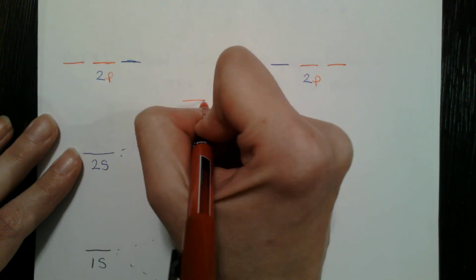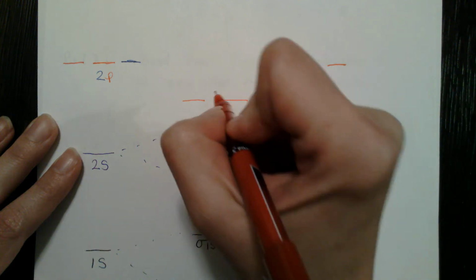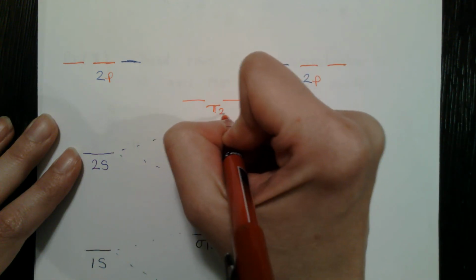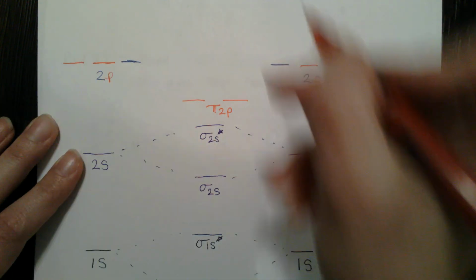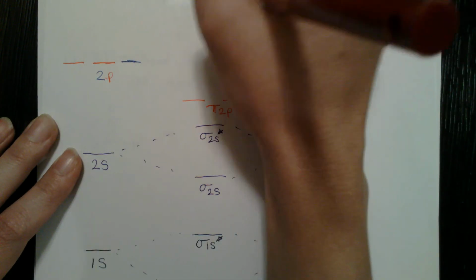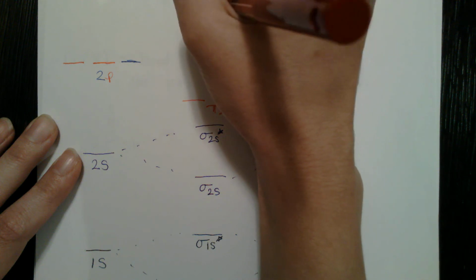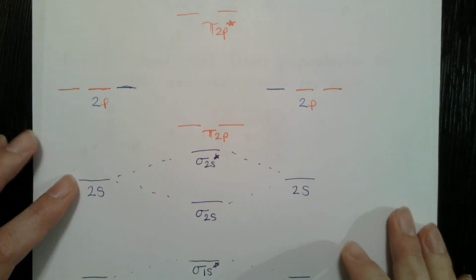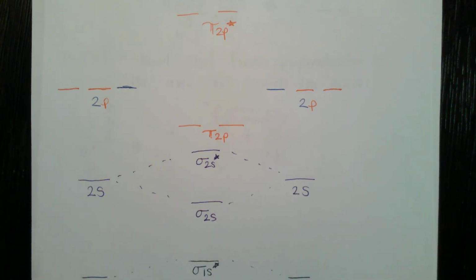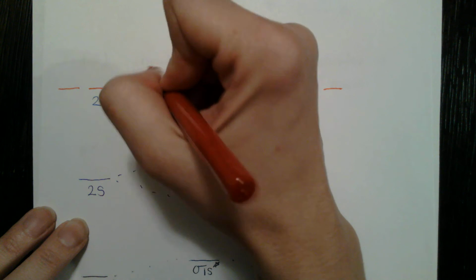These are a little bit lower in energy, so I'm going to put them right here. So this is pi 2p. They also form a pi 2p star, higher in energy. So quite a big energy gap between those two.